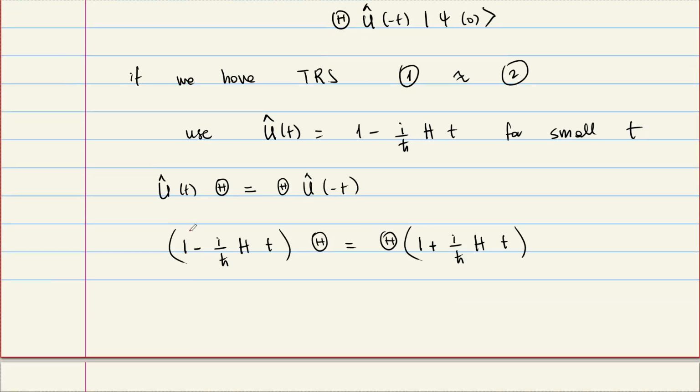So 1 is just a number, right? This h bar is also just a number. t and minus t are numbers. But for i I have to be careful, right? Time reversal symmetry has to do with complex conjugation. When I come to i, I need to be careful. Suppose, okay, let me write it like this, don't do this.